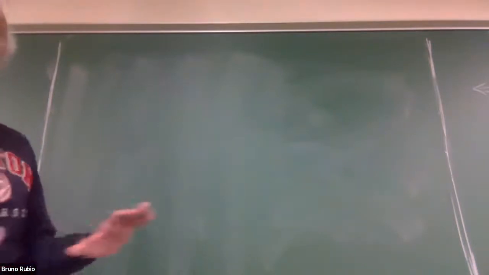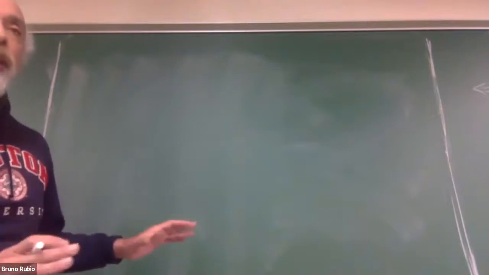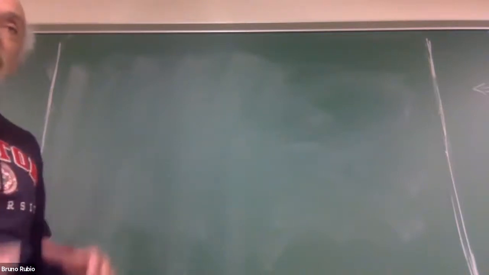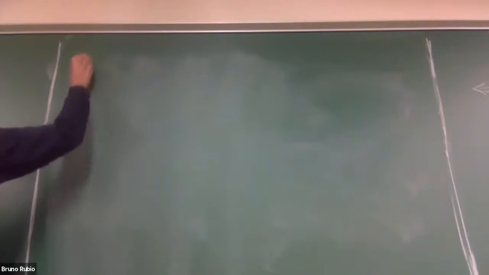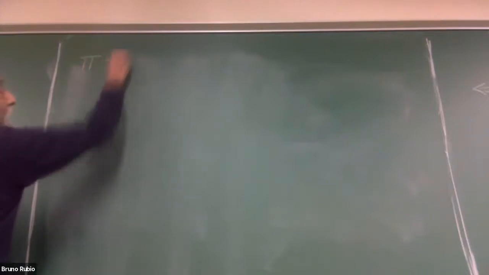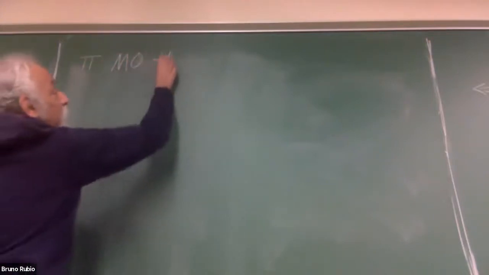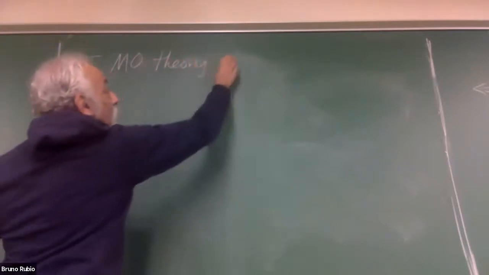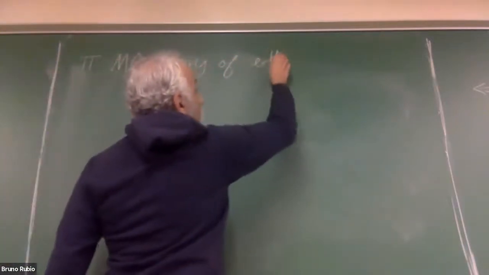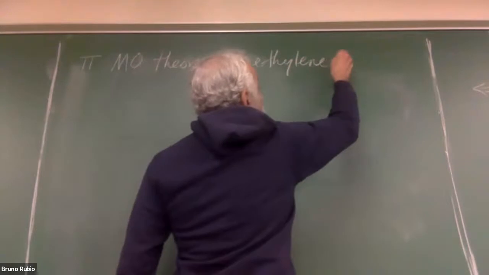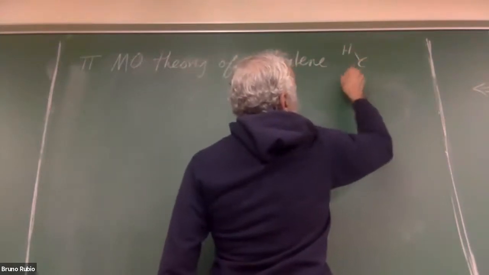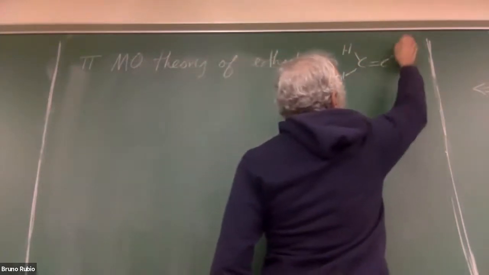So let's just go through what the molecular orbital theory of those pi electrons are. So pi MO theory of ethylene, which is this guy.